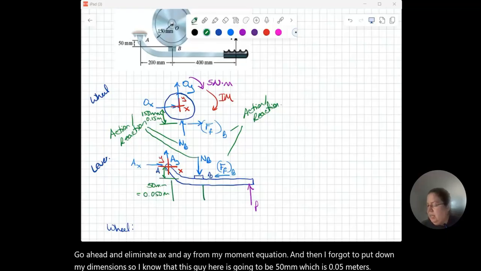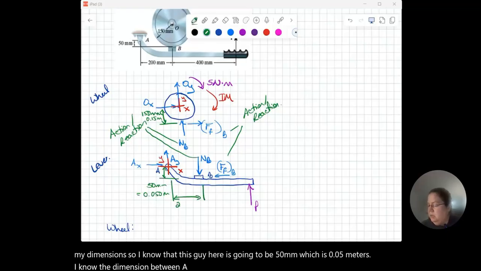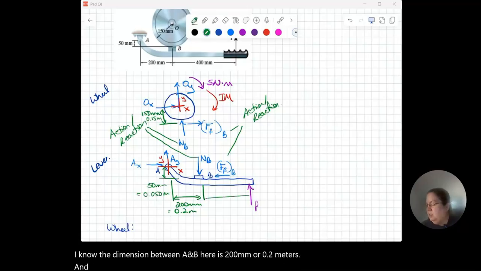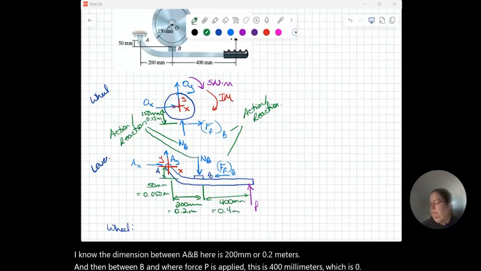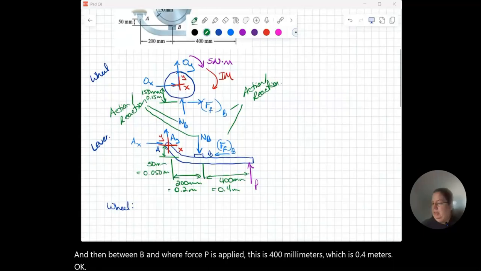I know the dimension between A and B here is 200 millimeters, or 0.2 meters. And then between B and where force P is applied, this is 400 millimeters, which is 0.4 meters. Okay, feel better about my free body diagrams now.